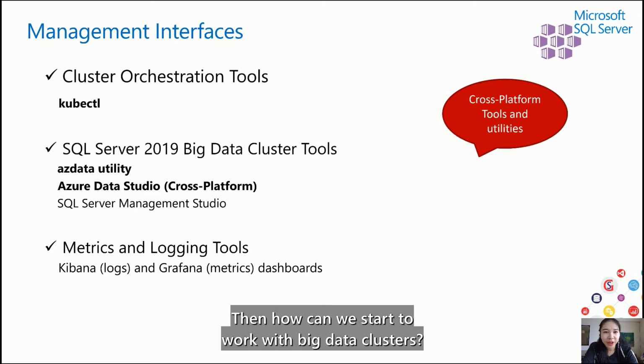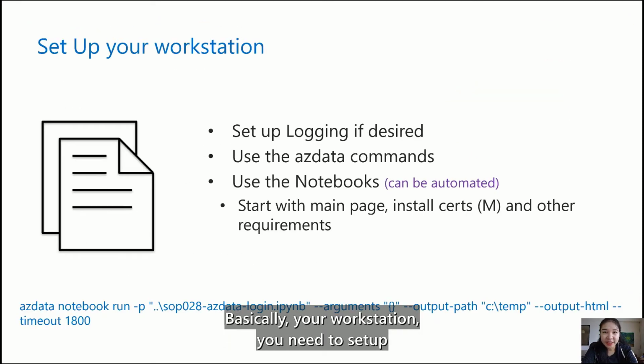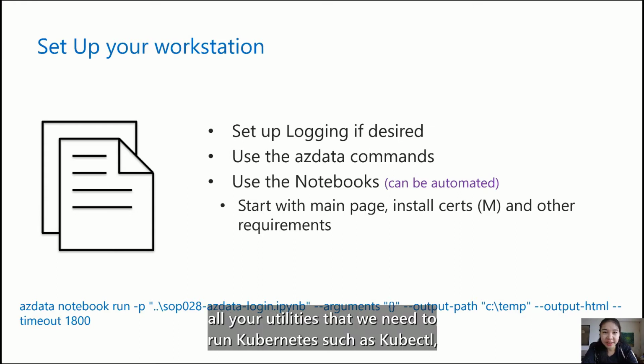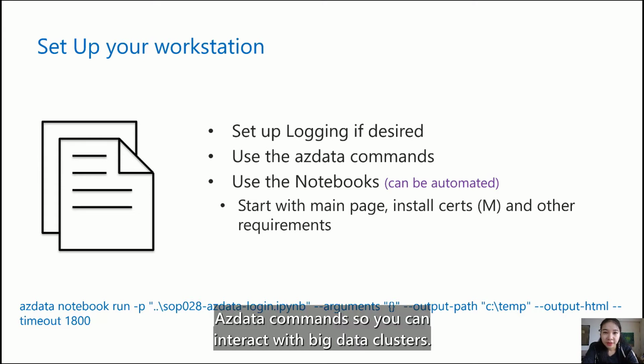To visualize Kibana and Grafana dashboards, you can simply use your browser. Then how can we start working with big data clusters? Basically, on your workstation, you need to set up all the utilities needed to run Kubernetes, such as kubectl, and then install az data commands so you can interact with big data clusters.